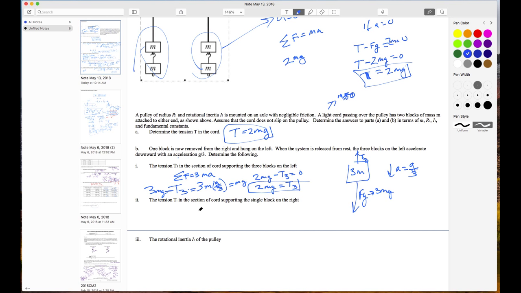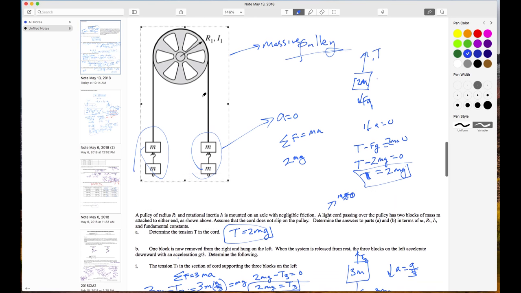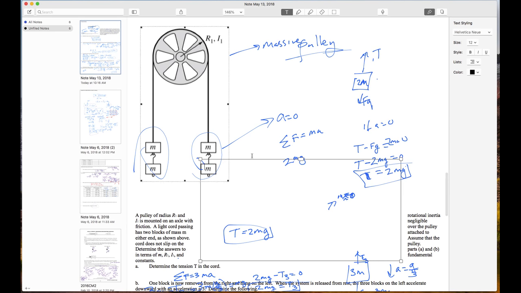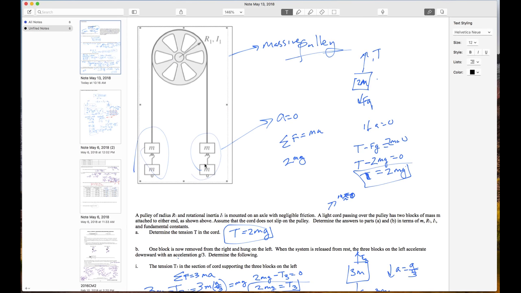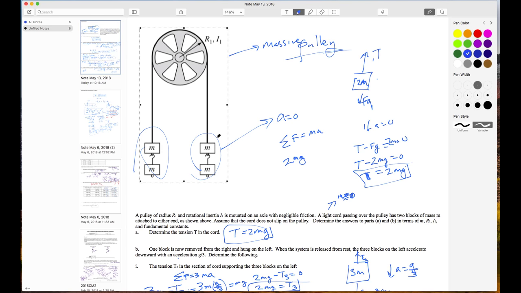Now, what is the tension in the cord supporting the single block at the right? Now that we have taken one of these away and moved it to the other side, we just have 1 mg there, and that is accelerating upward.